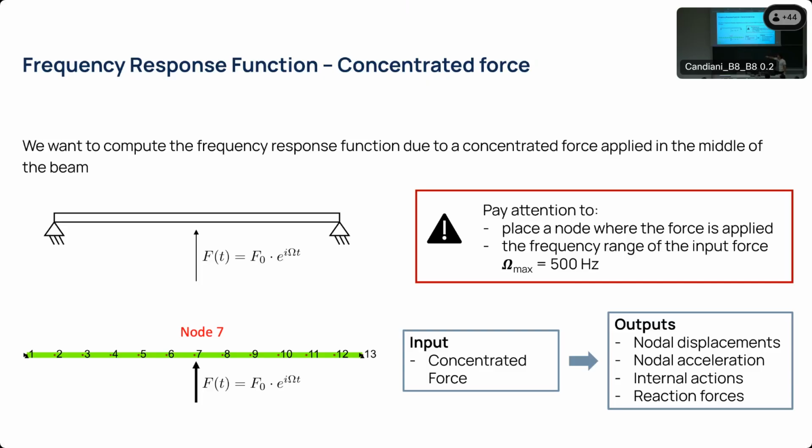So, 30 nodes, a certain set of geometrical and physical parameters, and we decided to give to our structure a certain input, which is a concentrated force with a known value and a certain frequency, which will change in the range between 0 and 500 Hz. And the goal we have for this part of our lecture is to find a way to compute the frequency response function of various nodes in this structure based on the input that you give to the structure. So basically, transfer function, force goes in, displacement or rotation or acceleration goes out.